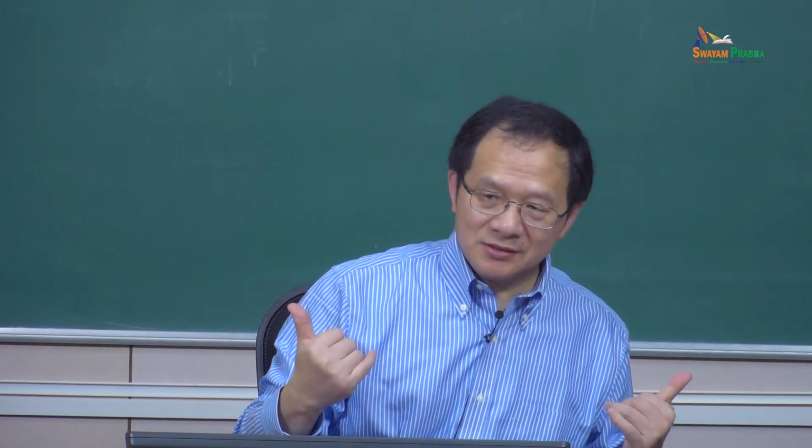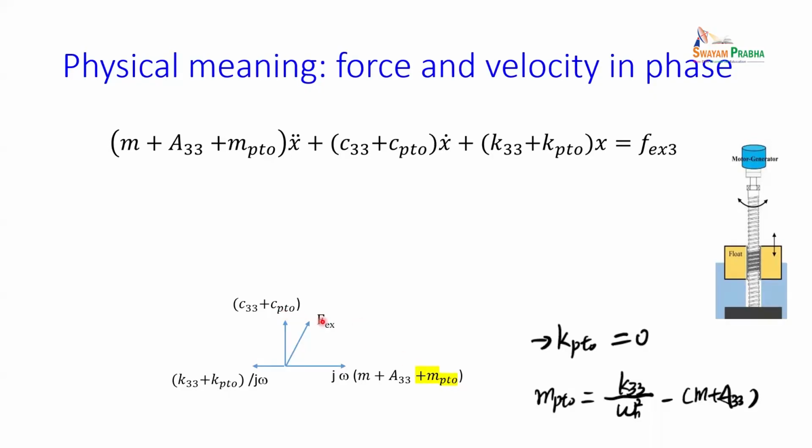Okay, and the damping force, if stiffness and mass cancel, then the total force left side will be damping force. Okay, in that way, the excitation force and damping force will be in the same direction.